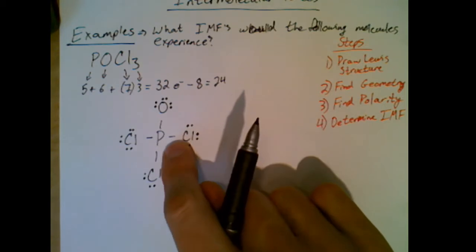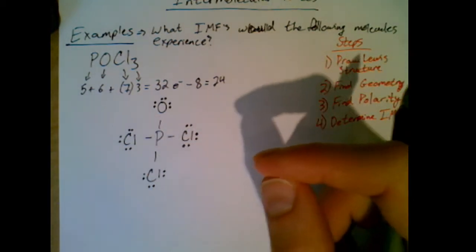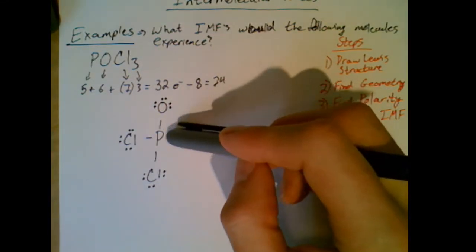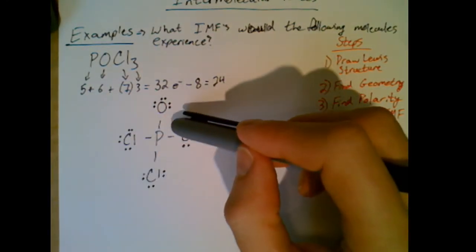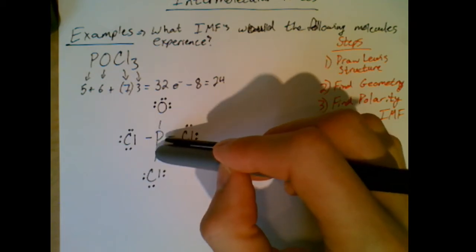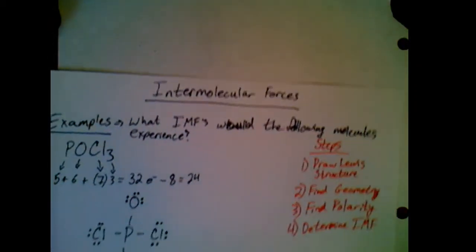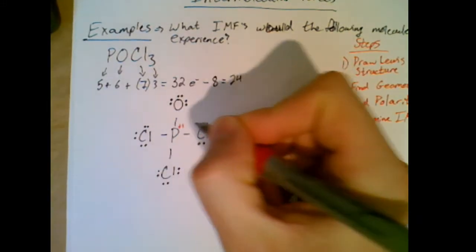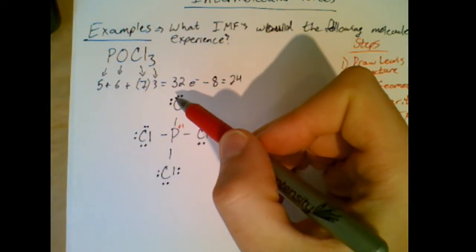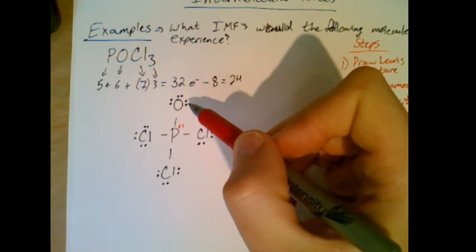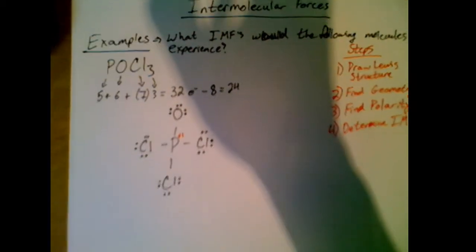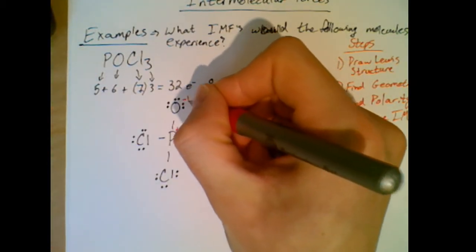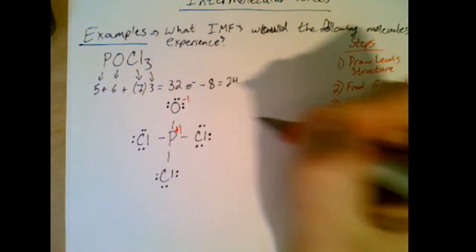Then you would notice, okay, I have phosphorus in the center, and I need to check my formal charges. Phosphorus brings 5 valence electrons, is surrounded by 4 dots and dashes, and has a formal charge of positive 1 in this structure. Oxygen has 6 valence electrons but is surrounded by 7 dots and dashes, so oxygen in this structure has a formal charge of -1.